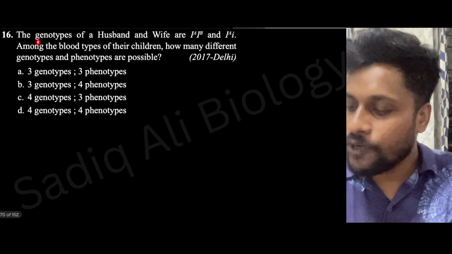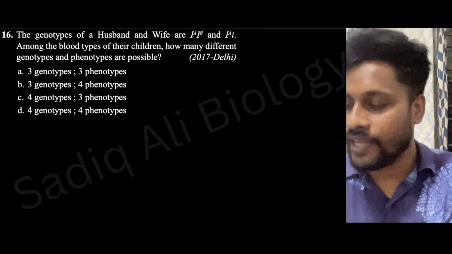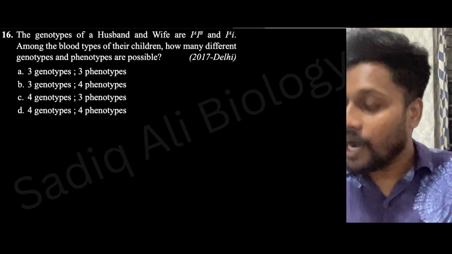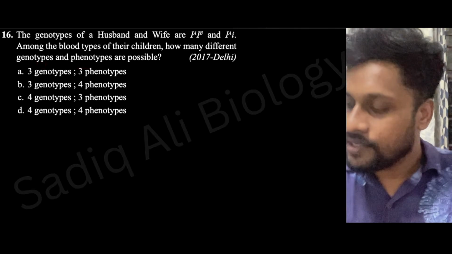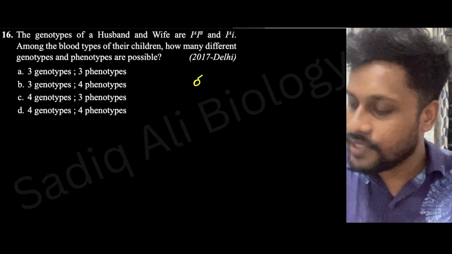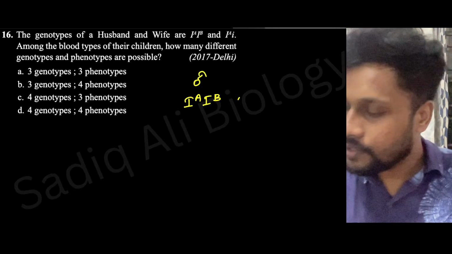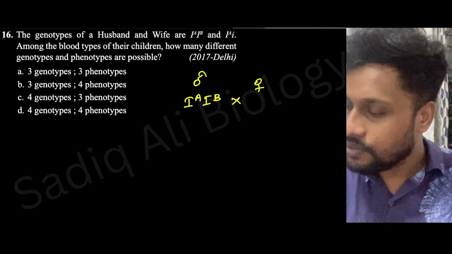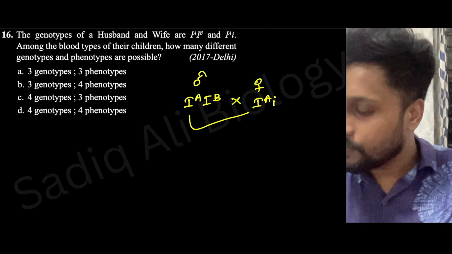16. The genotypes of husband and wife are IA, IB, and IA, small I. Among the blood types of their children, how many different genotypes and phenotypes are possible? Let me try. Let's say the husband is IA, IB, and the wife is IA, small I. Let's cross it.